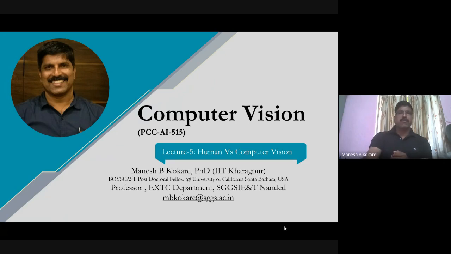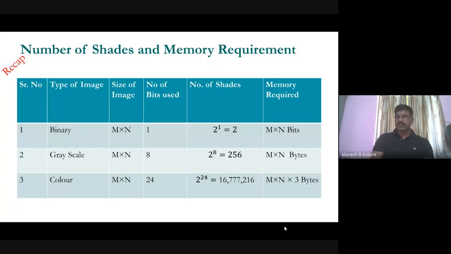Let me just recap yesterday's lecture in one or two slides, and then we'll continue. Yesterday I talked about how the computer sees the external world, in the form of a binary image, a grayscale image, or a color image. The number of bits used for a binary image is 1. For a grayscale image, each pixel is represented by 8 bits, that is 1 byte of memory.